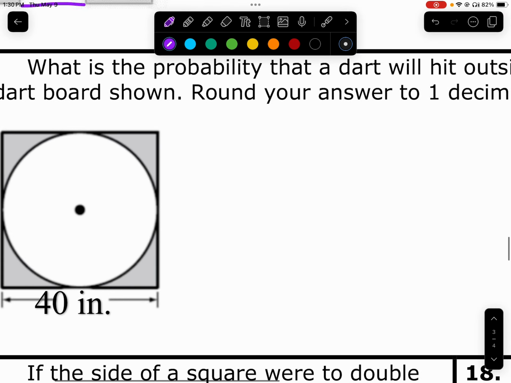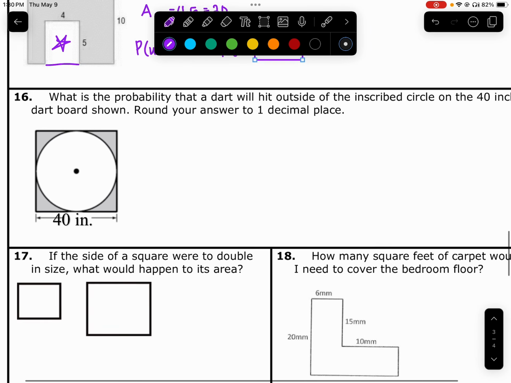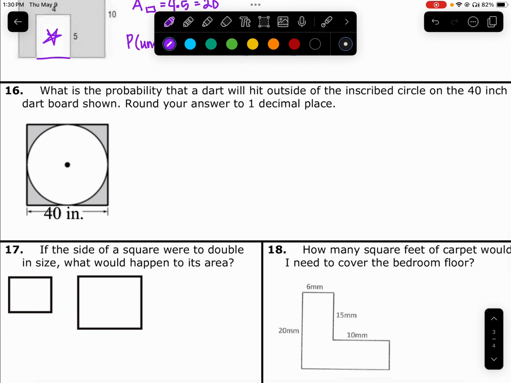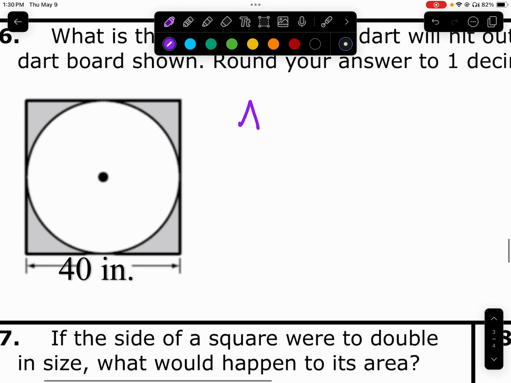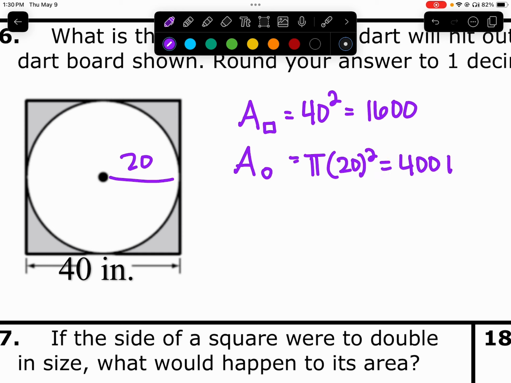All right, what's the probability that a dart will hit outside of the inscribed circle? So basically shaded. We need the probability of the shaded region. So let's get into it. This is going to be the area of the square, that's 40 squared, so that's 1600. Area of the circle, the radius is 20, so it's going to be pi times 20 squared, so that's 400 pi.